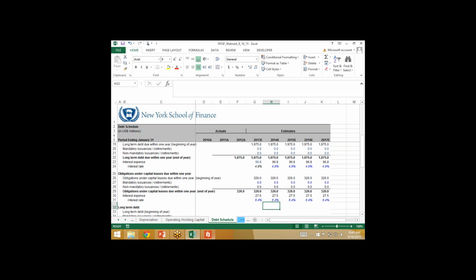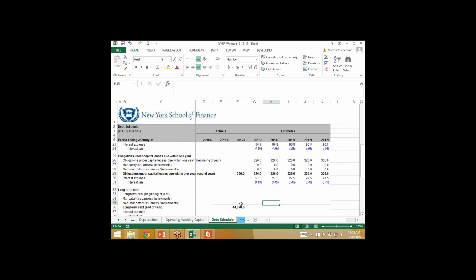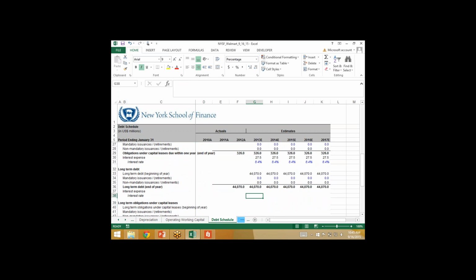Okay. Now we do long-term debt. Long-term debt equals the year before, zero out mandatory, non-mandatory issuances, add up everything, copy to the right. And now we have to look at interest expense.